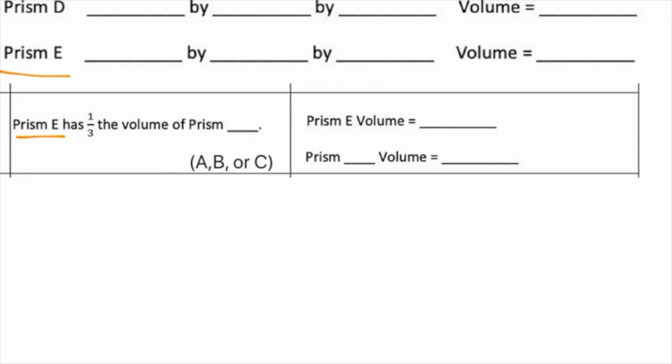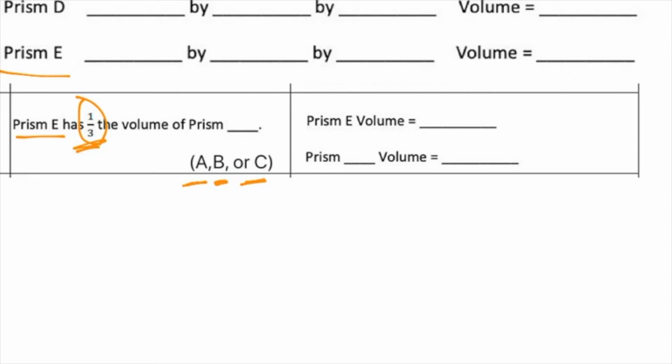Excellent job. So now we're moving on to prism E. It says prism E has 1/3 the volume of prism, and you're selecting. So again, look back at your prisms, the volumes for prisms A, B, and C. Which one of those volumes can easily be divided by 3?